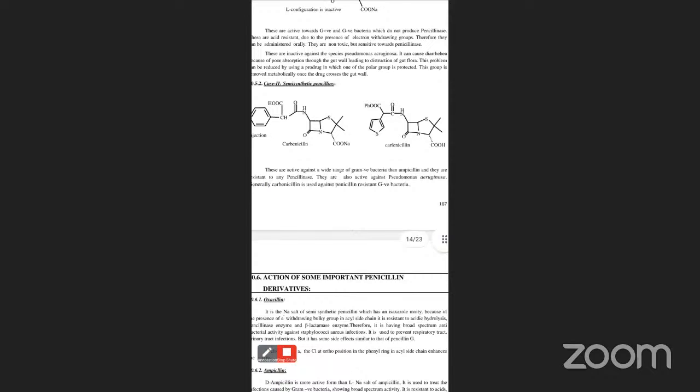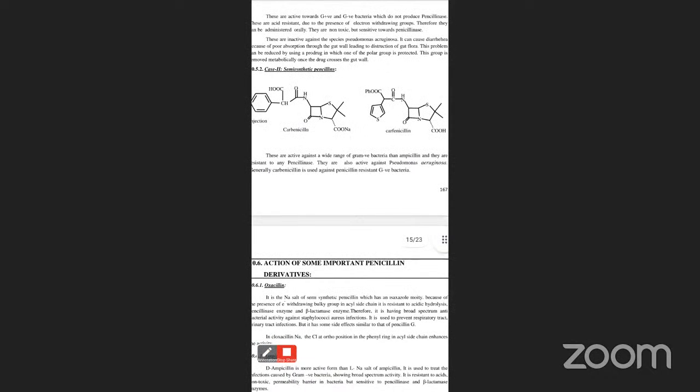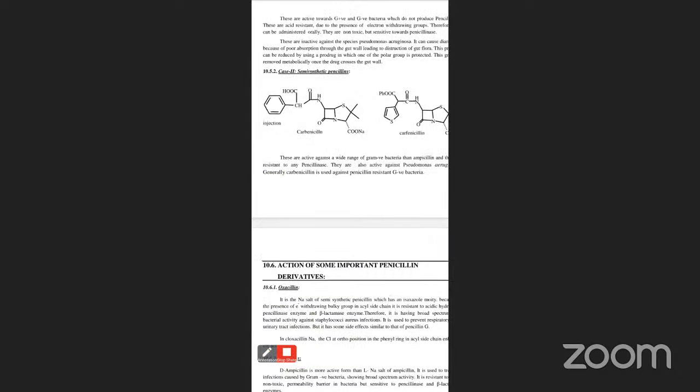these are taken by injection, means intravenously, convenient drugs, where in place of R we are taking phenyl acetic acid.